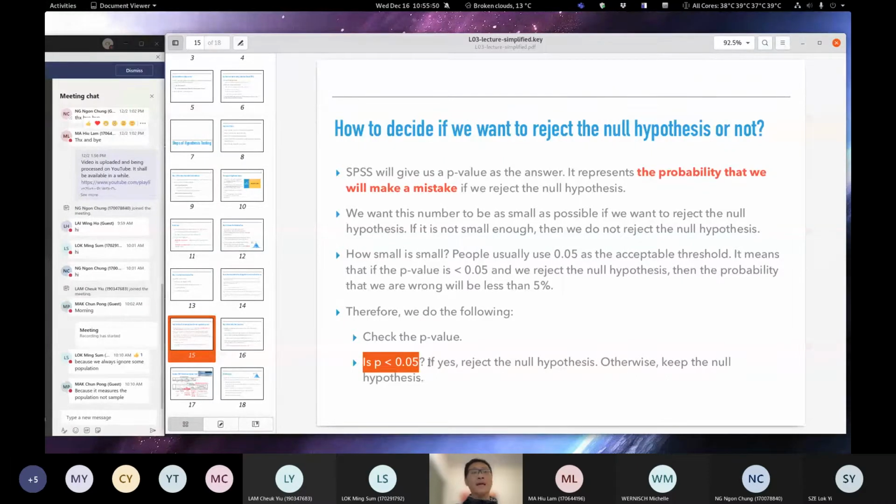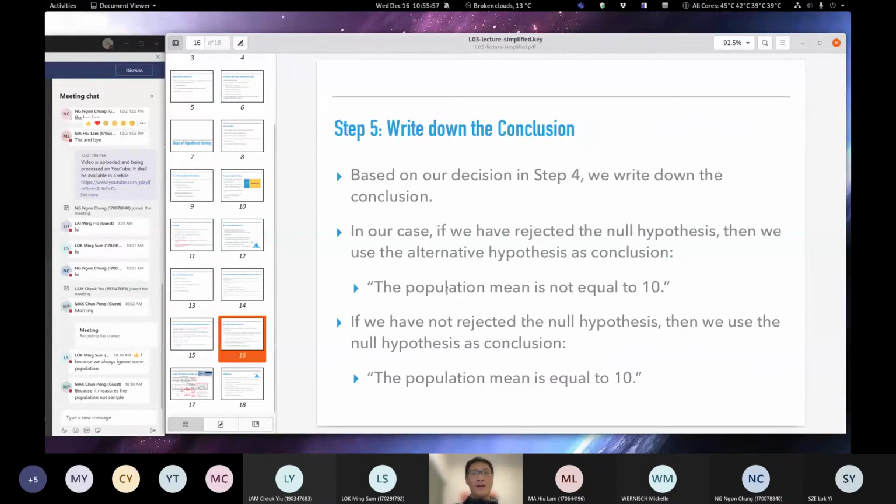Yes, in this case. And if yes, then we reject the null hypothesis. Rejecting the null hypothesis means that we say the null hypothesis is not true. But the opposite of the null hypothesis must be true in this case, and that is the alternative hypothesis.